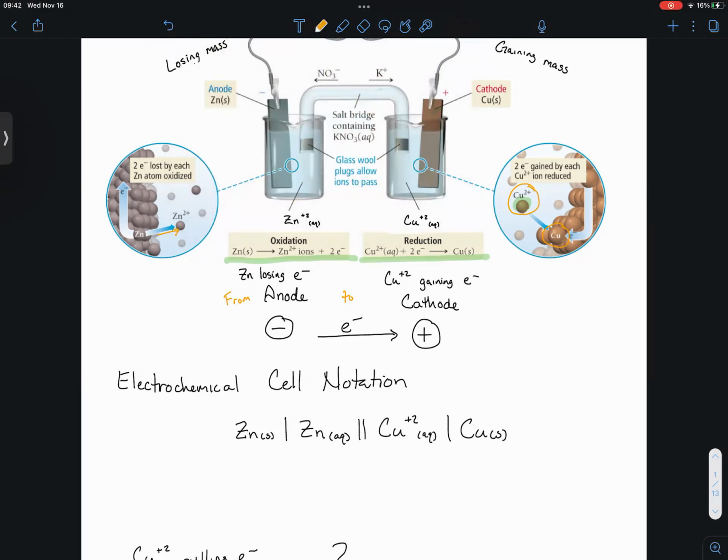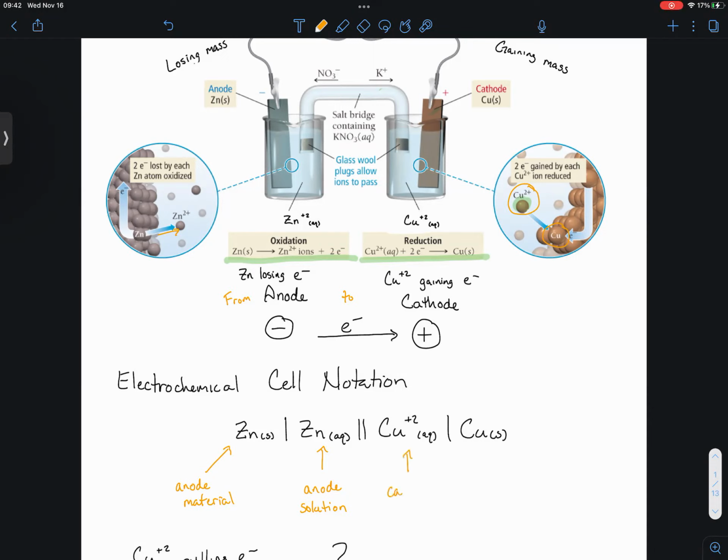So the first thing in our cell notation here is our anode material, which in that case was our solid zinc. Then we separate that by a bar, and we put our anode solution in that next slot. We separate the anode and the cathode by those double lines.